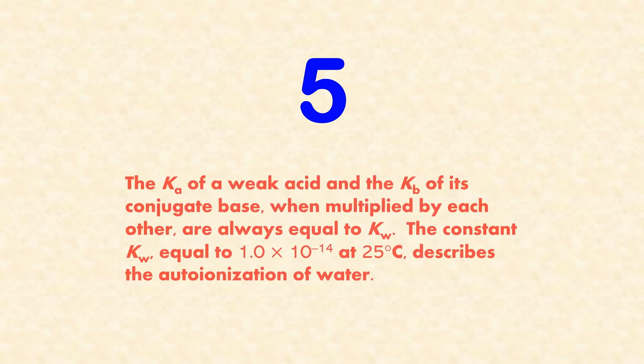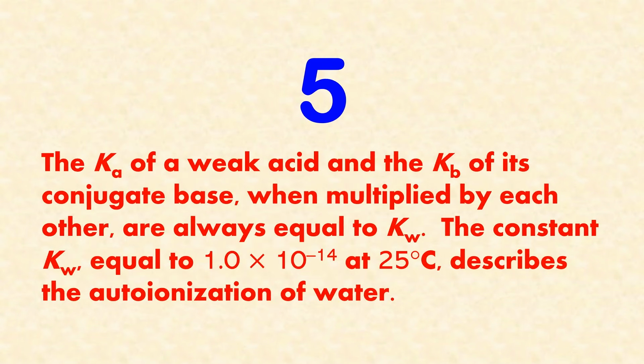Number 5. The Ka of a weak acid and the Kb of its conjugate base, when multiplied by each other, are always equal to Kw, equal to 1.0 times 10 to the negative 14th at 25 degrees Celsius, which describes the autoionization of water.